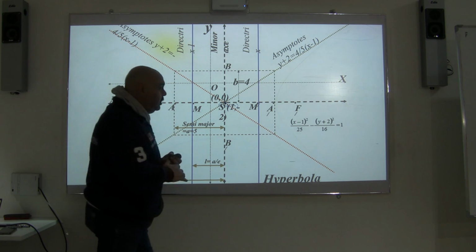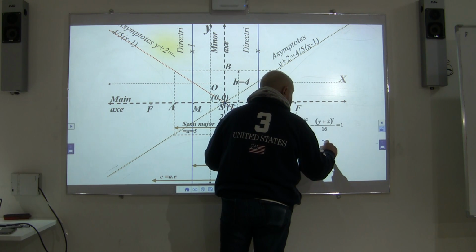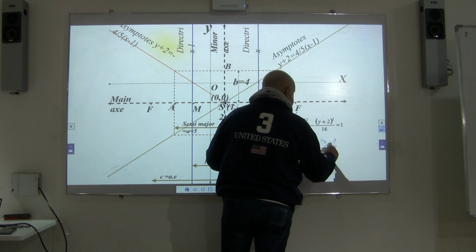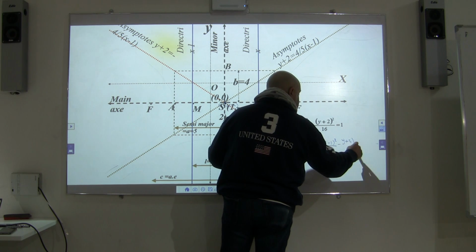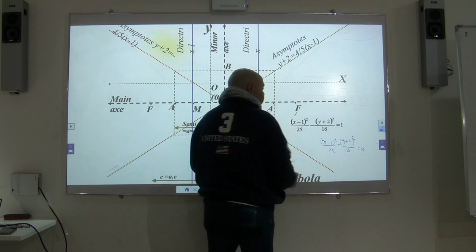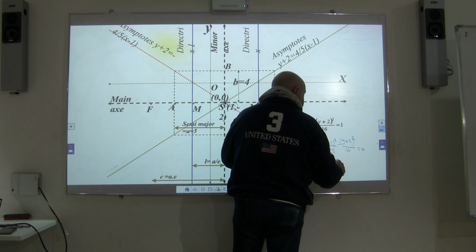Simply you can get them by making the equation be of the form x minus 1 to the power of 2 divided by 25 minus y plus 2 to the power of 2 over 16 equals 0, and try to solve to get these equations together.